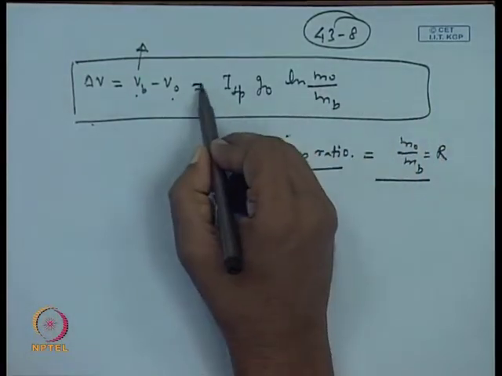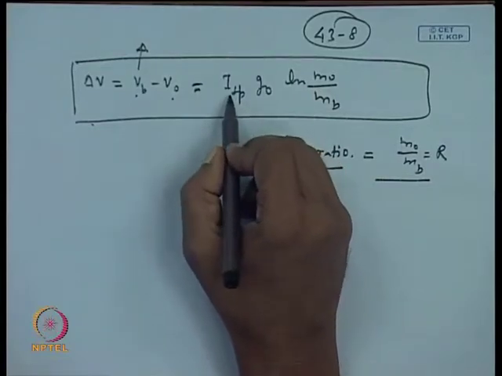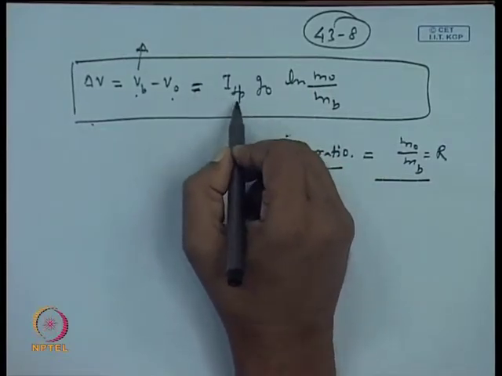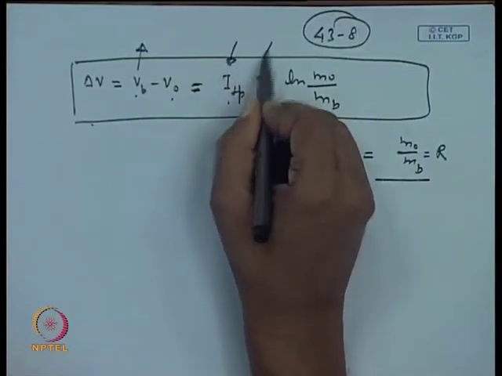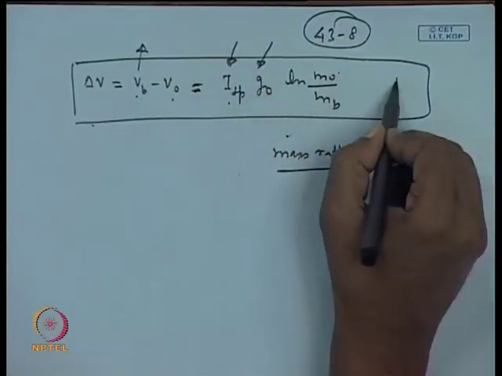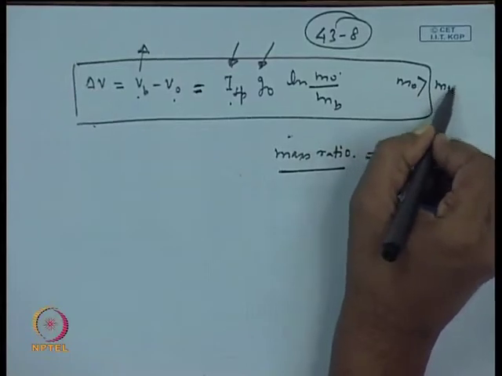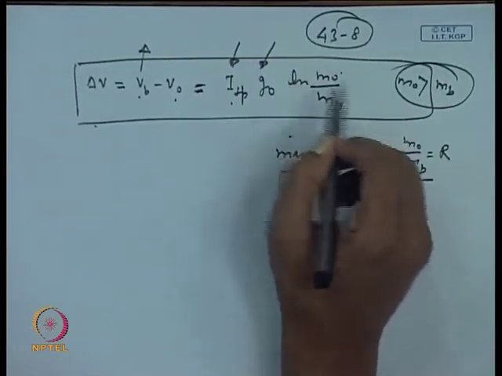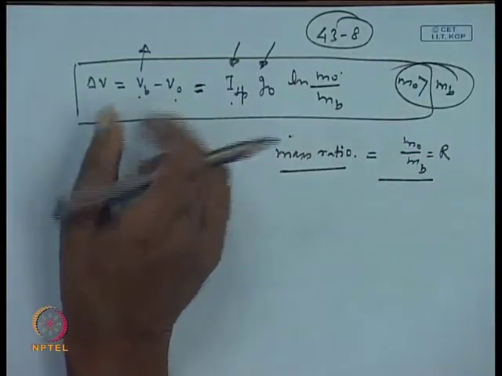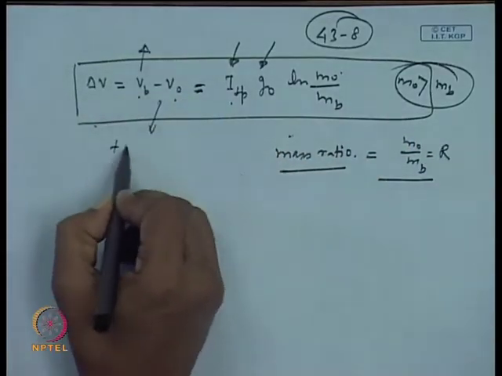We can see that I s p is a positive quantity, g 0 is a positive quantity, m 0 is greater than m b, so this also becomes a positive quantity. Therefore, V b minus V 0 is going to be positive.